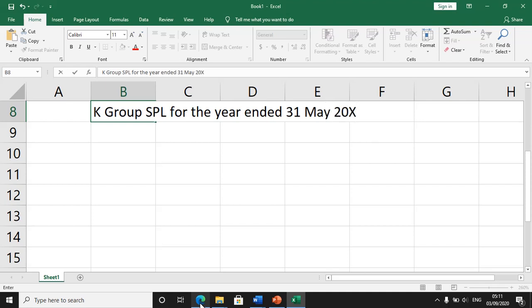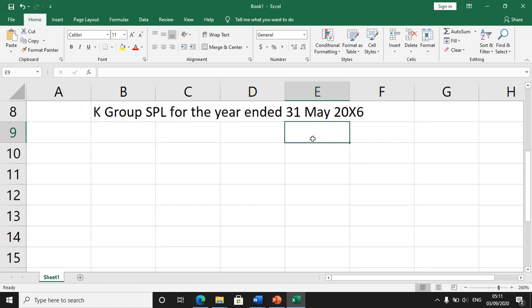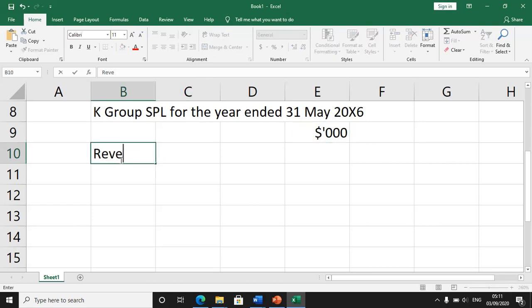Again, we can have our column there where we will have our amounts. Group accounts is not as difficult as one would think.